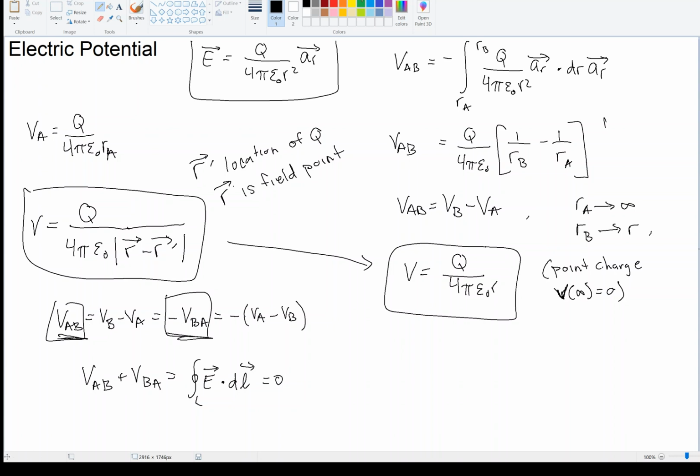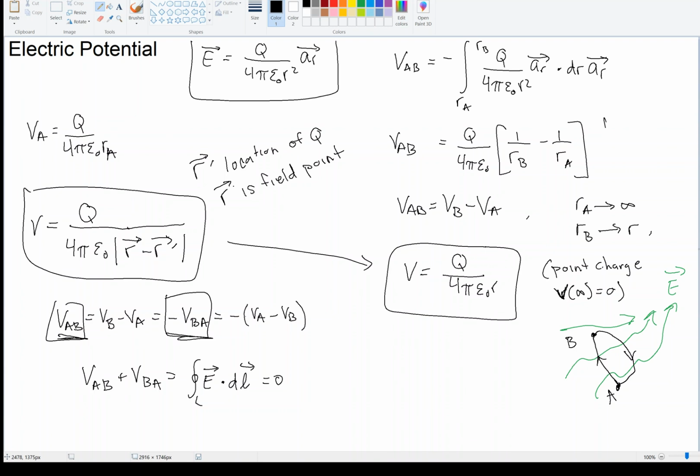So what we're saying here is that I've got an electric field. Here's my electric field in space, E. And if I wanted, here's A, here's B. If I traveled like this, any closed path, the change in voltage, as long as I start in the same spot that I finish, is 0.